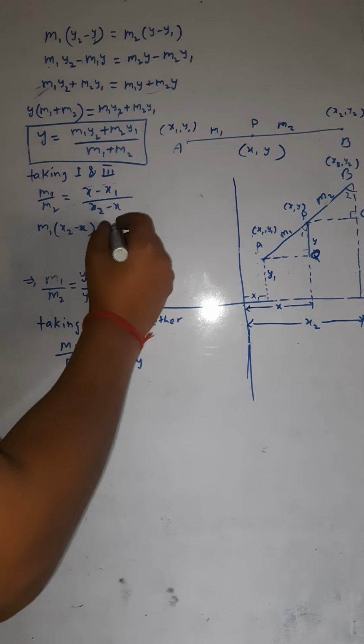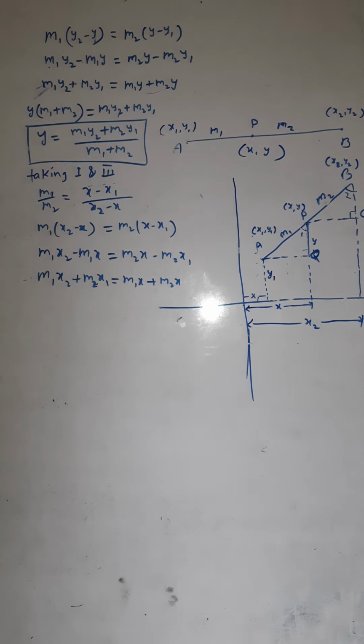It will be m1 x2 minus m1 x, equal to m2 x minus m2 x1. Now this minus will come here and this minus will go there. So it will be m1 x2 first, and this will come here, m2 x1, is equal to, this minus will go there and become plus m1 x, and plus m2 x is already there.